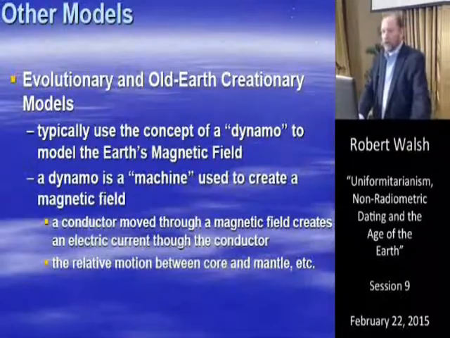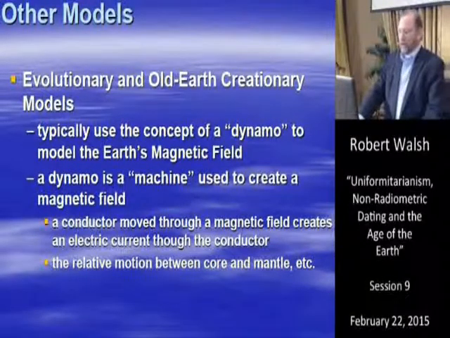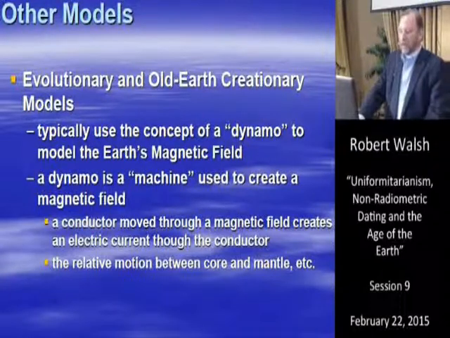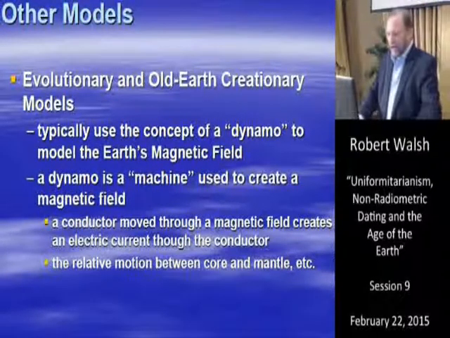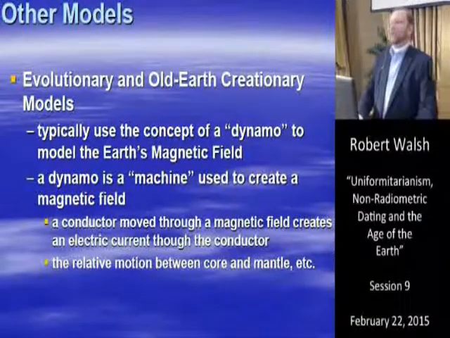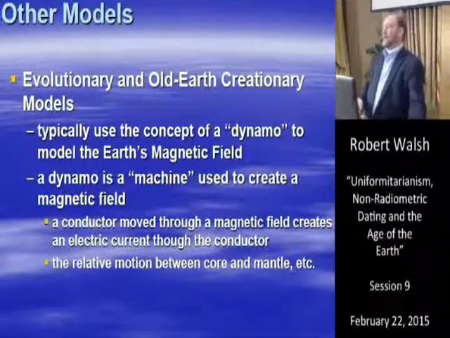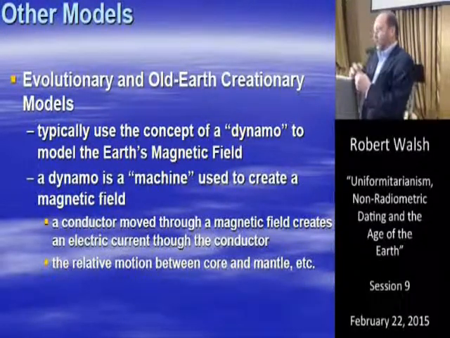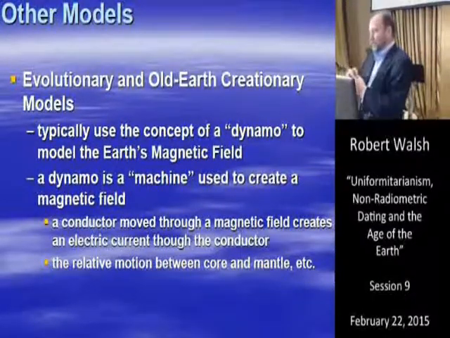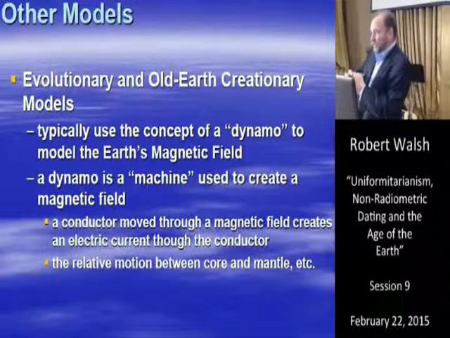So generally speaking, evolutionary and old Earth creationary models typically use this concept of a dynamo to model the Earth's magnetic field. Well, how is the magnetic field of the Earth generated? The model that they use is a dynamo, and essentially what a dynamo is, is where you're looking at, let's say, two different materials, and they have a relative rotation speed with respect to each other.